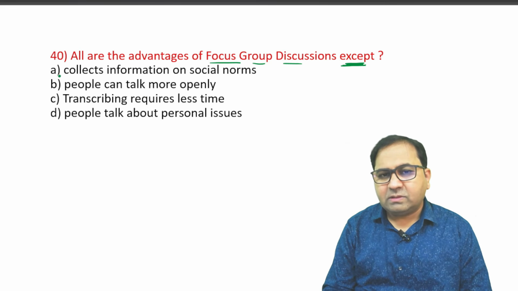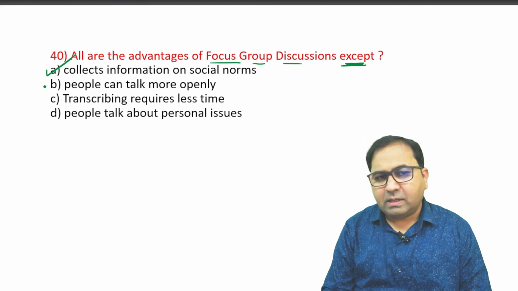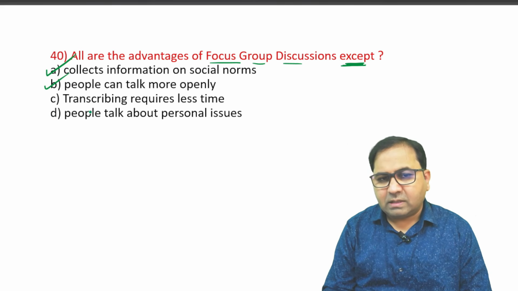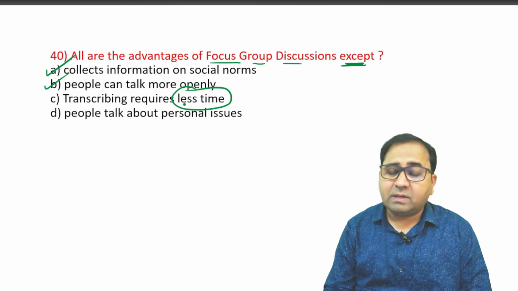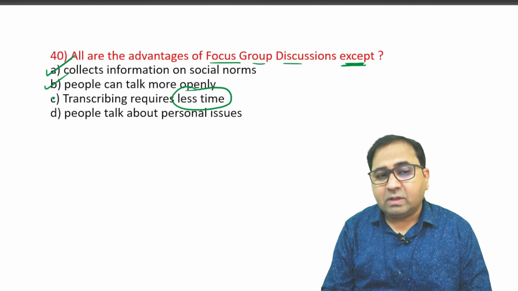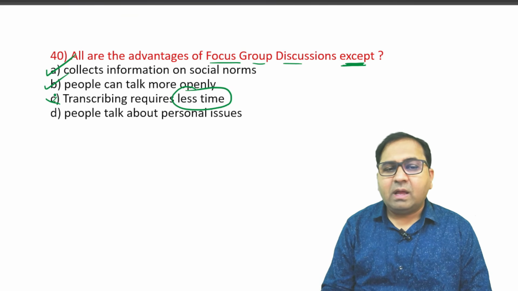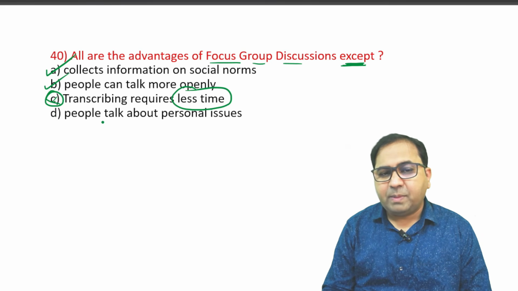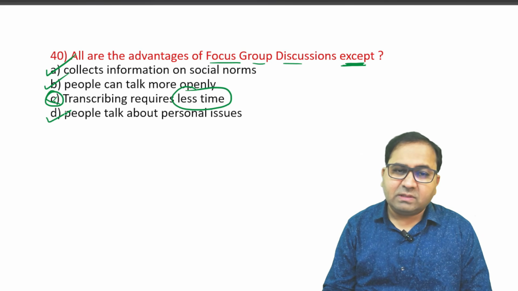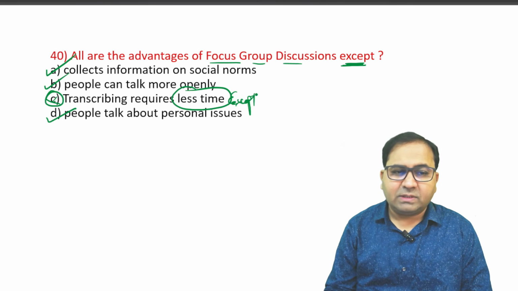It collects the information on social norms. Yes, this is a true statement. People can talk more openly. Yes, this is also a true statement. Transcribing requires less time is wrong because transcription will require a large time. So this is the answer for this question. And the last option, people talk about personal issues. Yes, even this is correct. So this is the except part. We got the answer for this question.